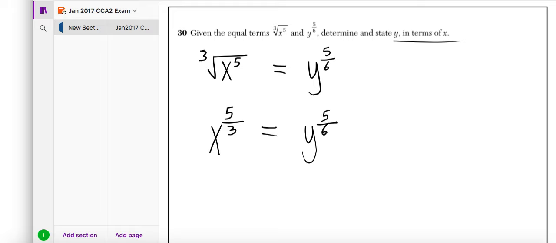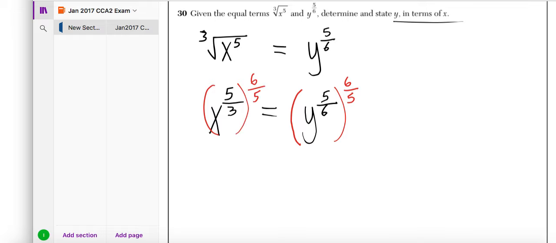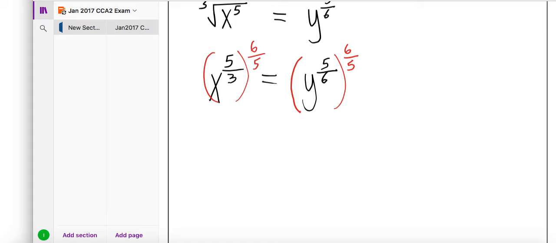Now what I could do, guys, that was one way I could do it, right? There are a few ways. I could just raise this to the 6/5 power, the reciprocal, because 5/6 times 6/5 will cancel out to become 1. If I do the same thing here, I multiply the exponents, right? 5 times 6 is 30, 3 times 5 is 15, and 30 divided by 15 is 2.